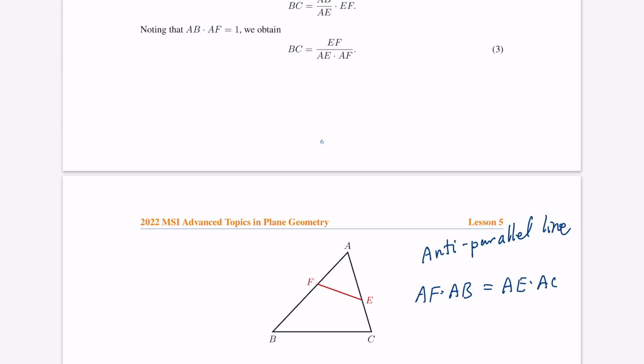For an anti-parallel line, triangle AEF is similar to triangle ABC. For a parallel line, the triangle AFE is similar to triangle ABC. Here, triangle AEF is similar to ABC in the sense that these two angles are the same. So another way to define the anti-parallel line is that we just want these 4 points to be concyclic, because once these two angles are the same, the 4 points would be concyclic.